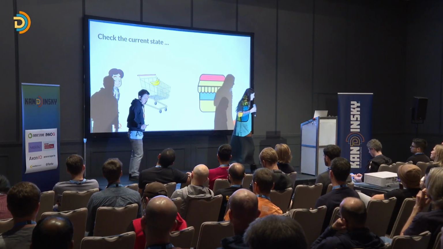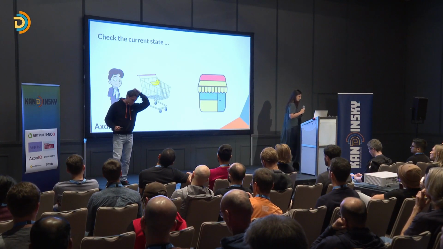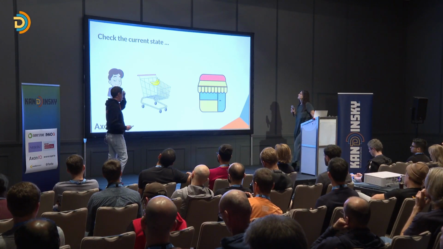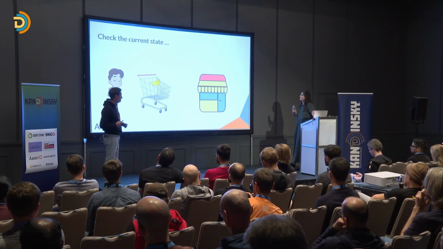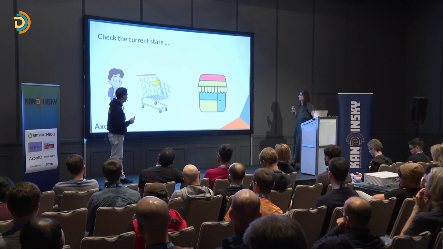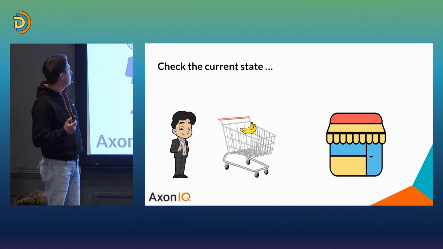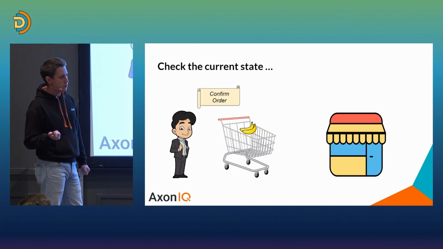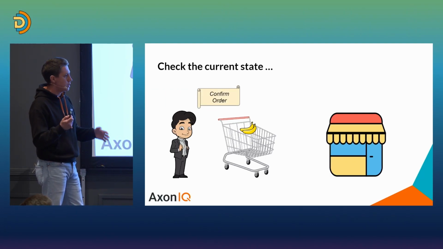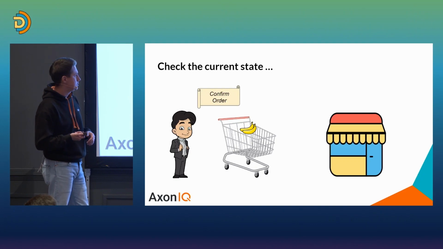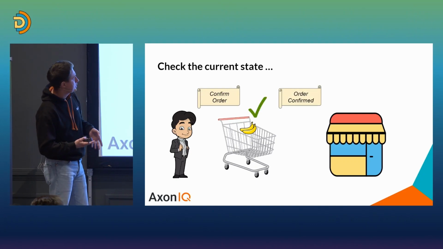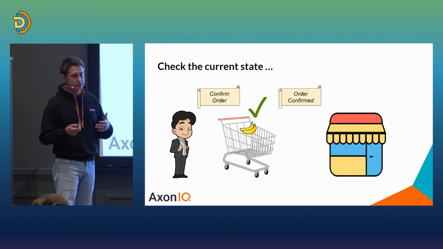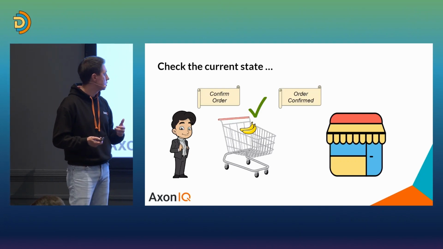But we can do more. This is a case where we have a unique identity, and it is really important to have this unique identity for this one to work. We have a confirm order command. We are going to load up the aggregate with all its events, handle the command, update the state of the aggregate, and publish an event that this order has been confirmed.